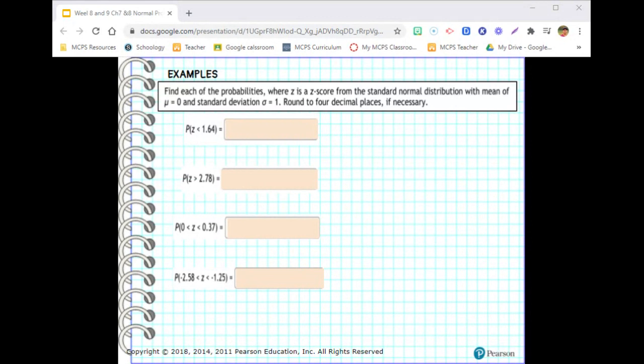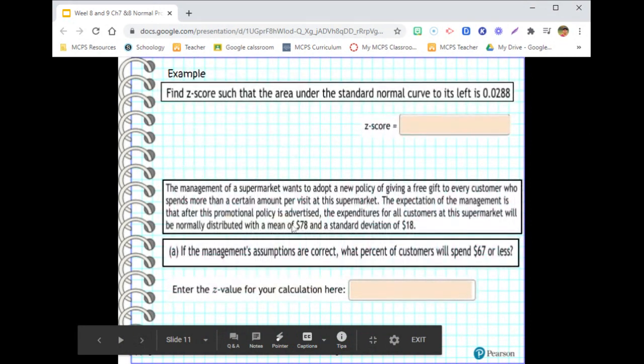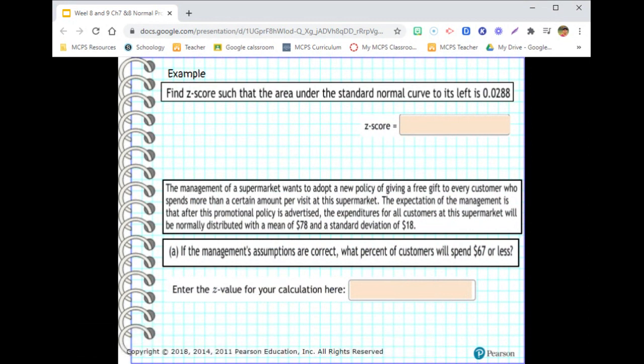All right, next is this question. Again, I generated a question: find the z-score such that the area under the standard normal curve to its left is 0.0228. So what's the plan here?